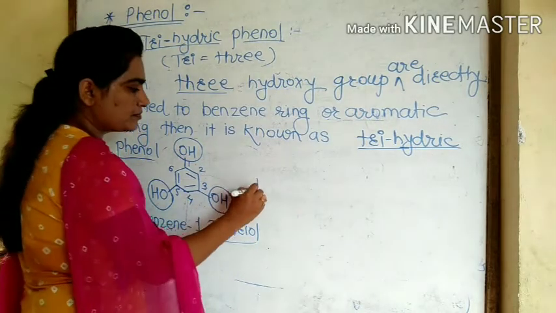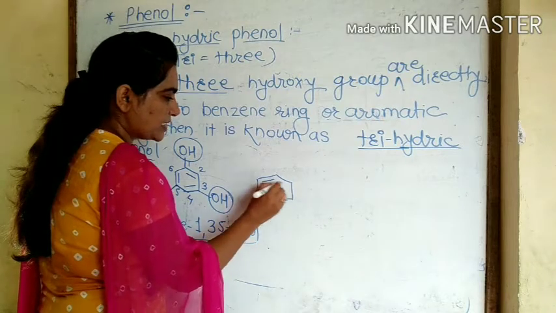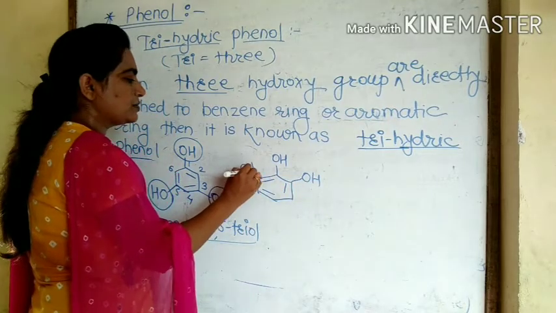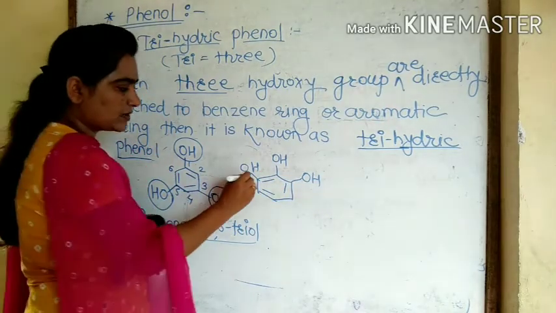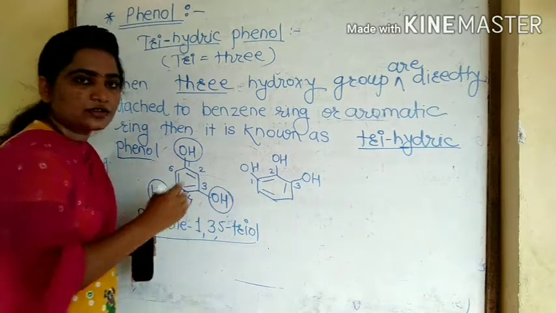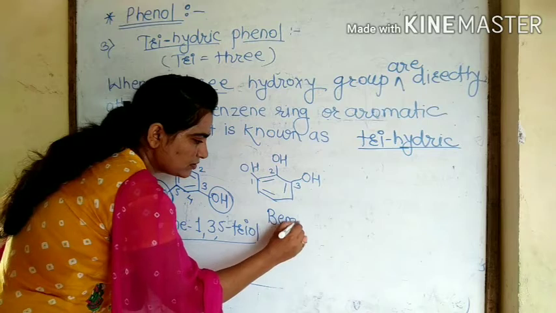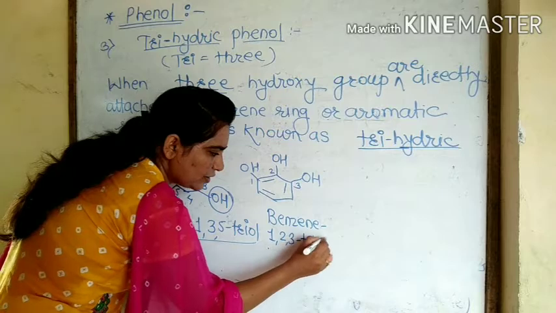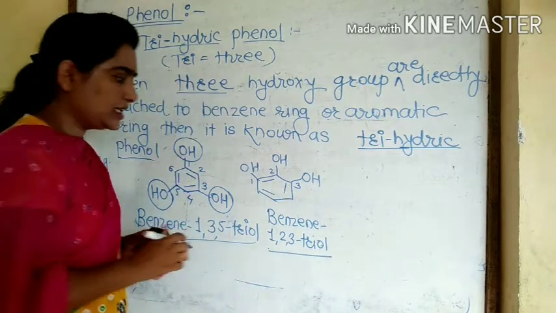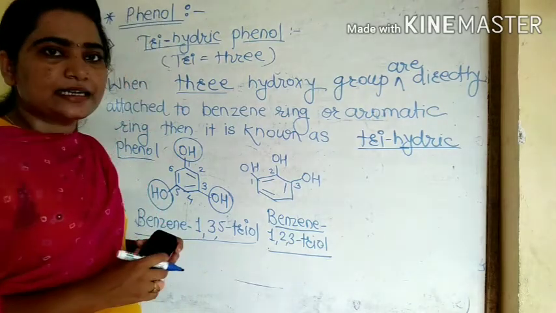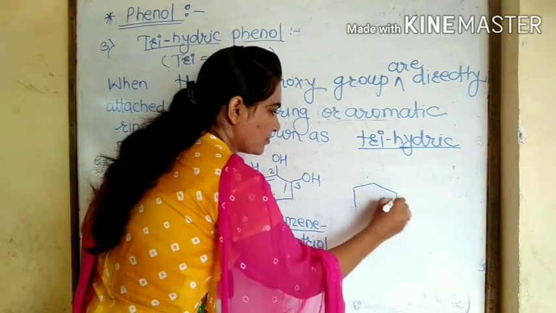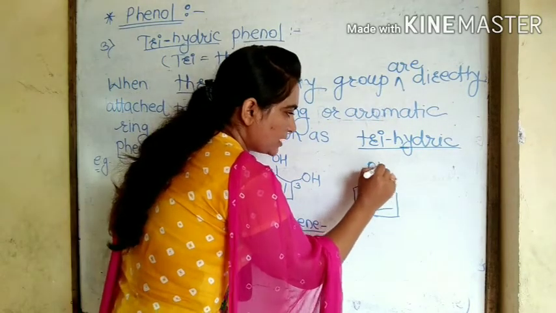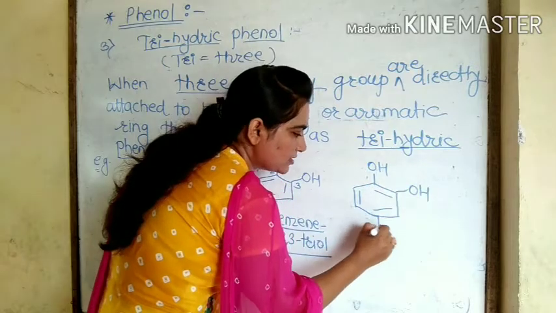Now the second example. Suppose a benzene ring is present here. Here presence of OH, here OH, and here OH. So it is 1, 2, 3. It is called benzene-1,2,3-triol. Next example: suppose this is the benzene ring and it consists of one OH, a second and a third one.